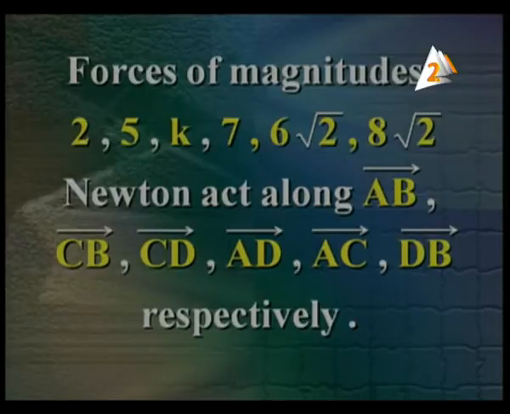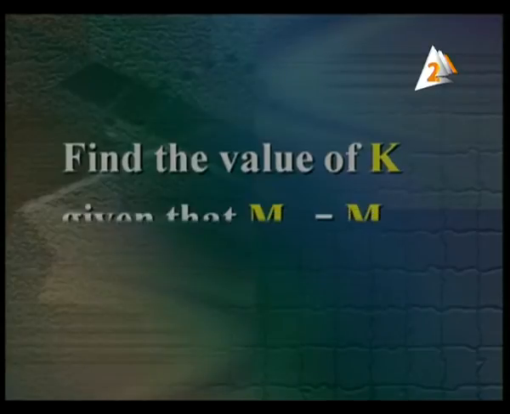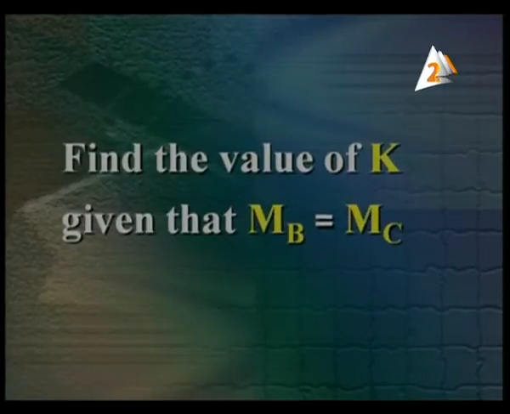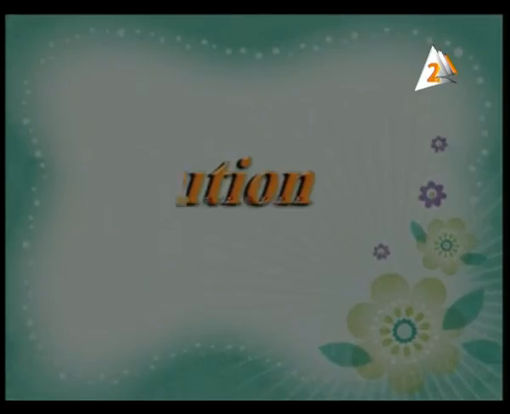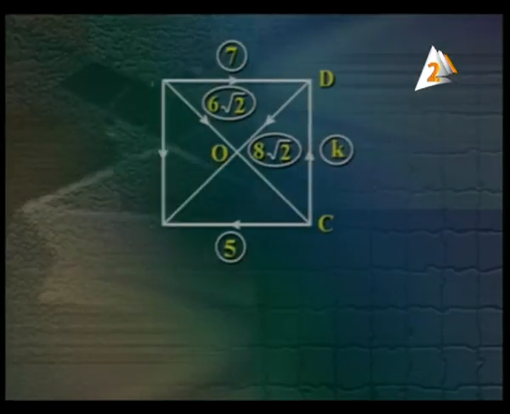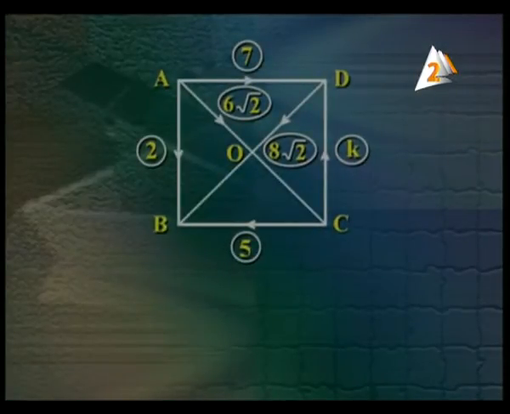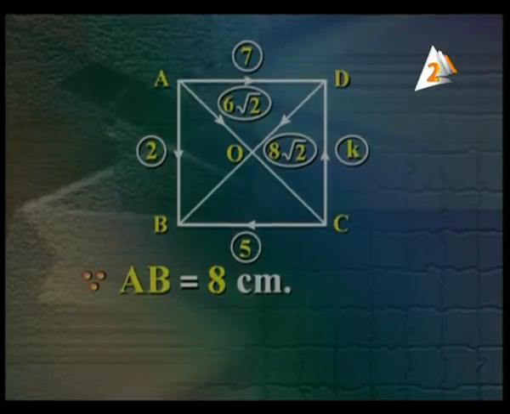Now, find the value of K, given that the moment about B equals the moment about C. As solution, we say that in the square ABCD, since AB equals 8 centimeters, therefore AC equals BD equals 8 root 2 centimeters, and BO equals CO equals 4 root 2 centimeters.